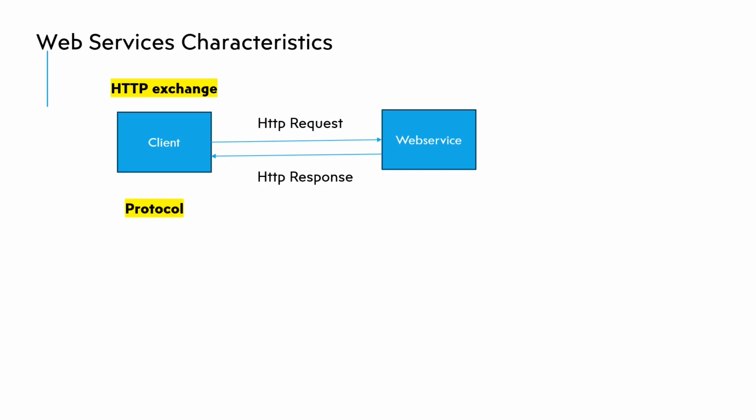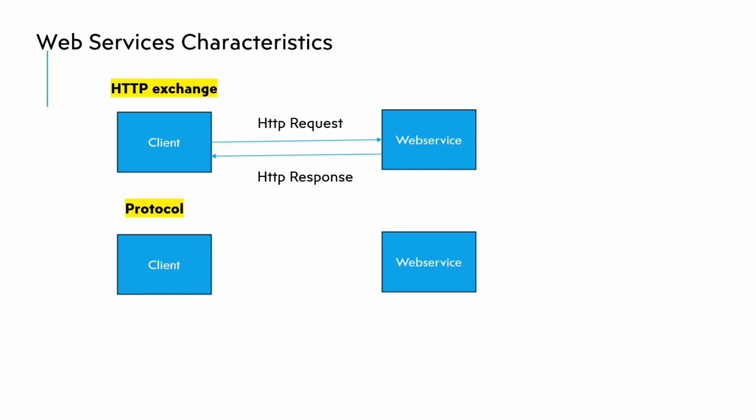Now, the second characteristic is the protocol. When a client and web service want to talk to each other, they will exchange some data, right? A data format is required because both should understand the format of the data they exchange. The popular formats nowadays are XML, JSON, and text, and maybe some others as well. It's not limited to these.